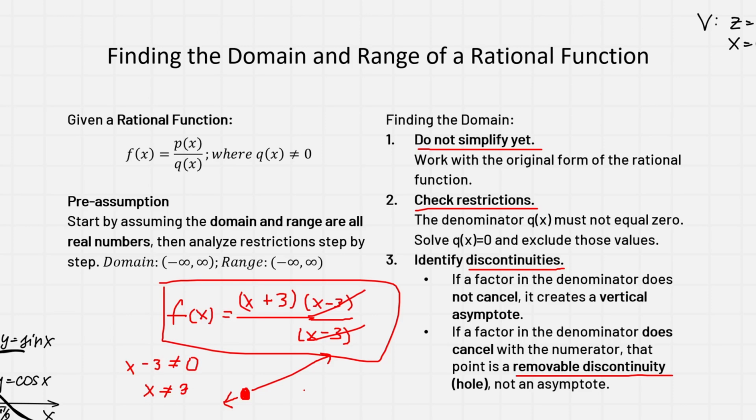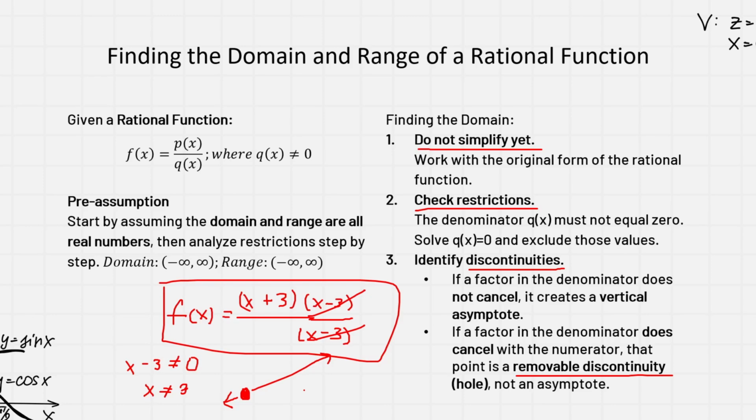So that's why we do not simplify our function. Okay, we do not cancel out some factors or some terms here. We can actually simplify it, okay, but not in a way that we cancel some terms, like in this case, we canceled the x minus 3 factors.